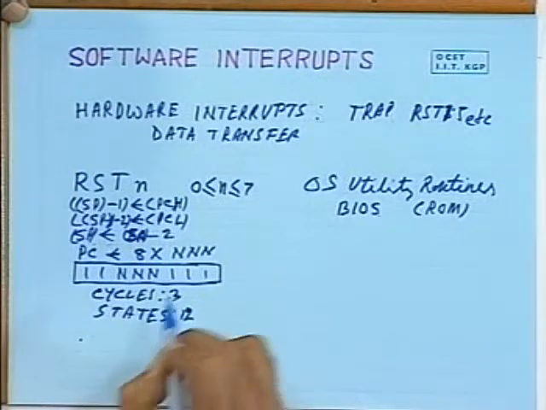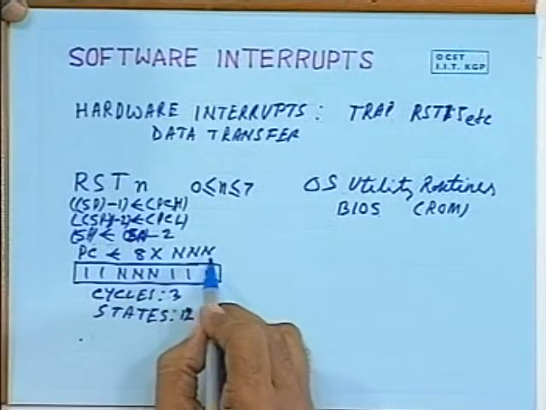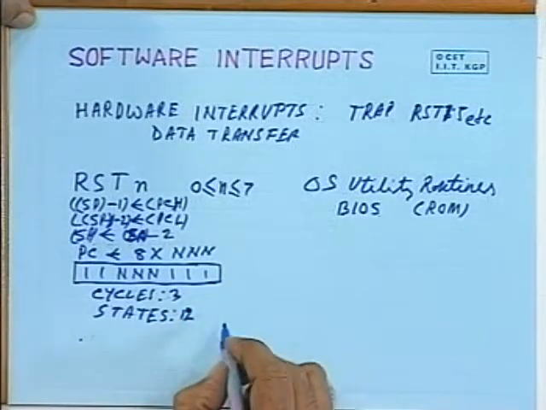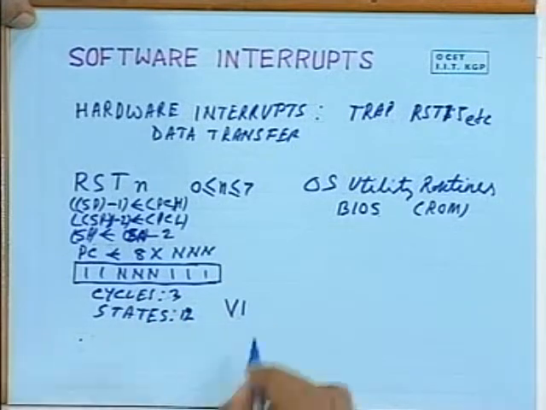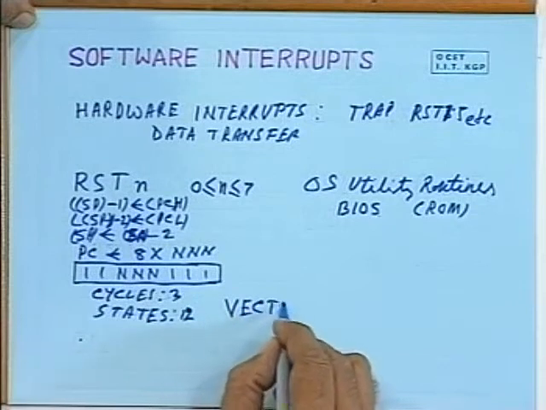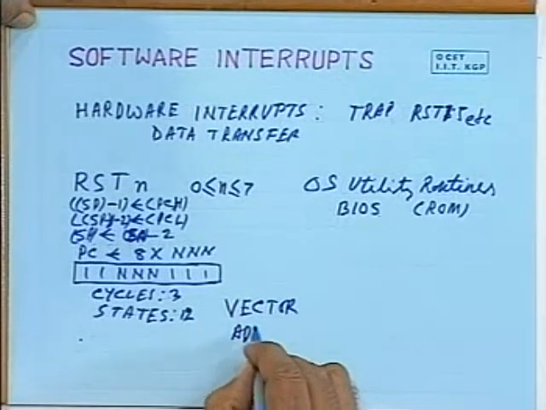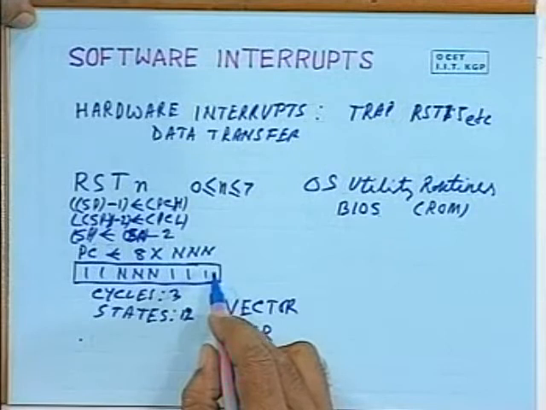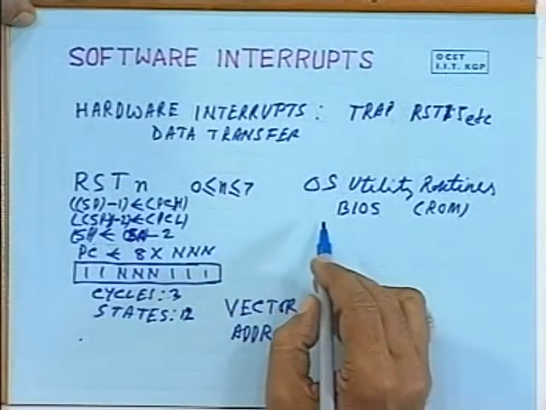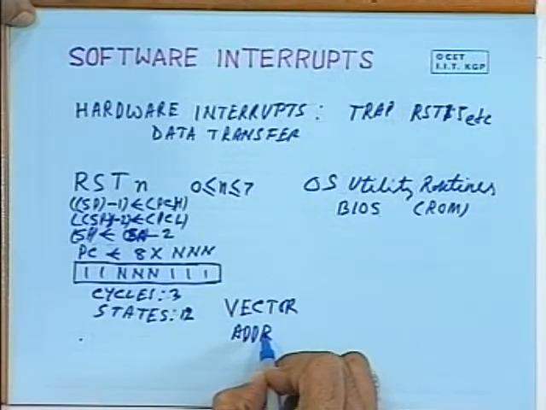Moreover, their addresses are fixed, or you can say vectored. They use vector address. And that's why these utility routines can be ROM based. On the other hand, the subroutine calls do not have any vector address. Their address is provided as part of the instruction, call followed by address.